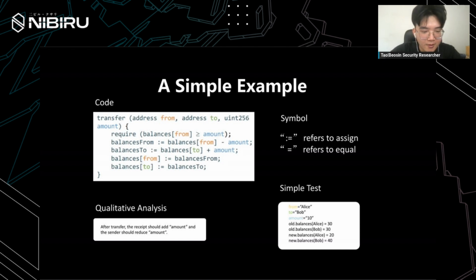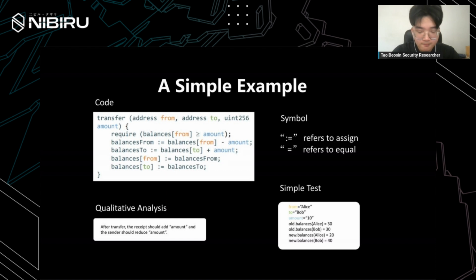Do you identify the security issues in this transfer function? So here is a single test, like a dynamic analysis or the function testing we just mentioned before. If the sender is Alice and the receiver is Bob, and we just want to send 10 tokens from Alice to Bob, we can see the result is correct.